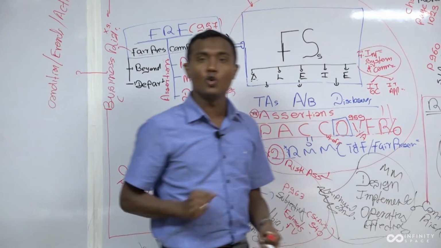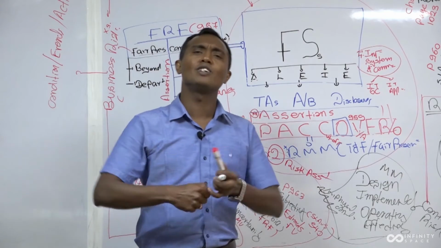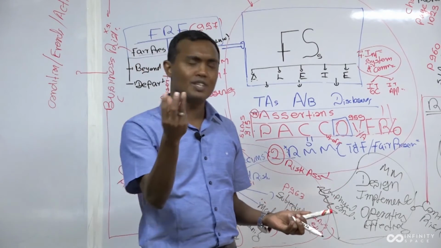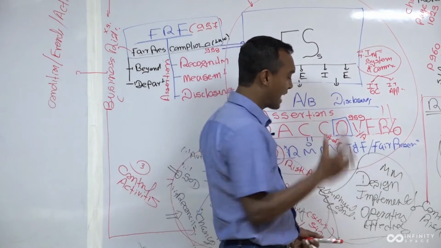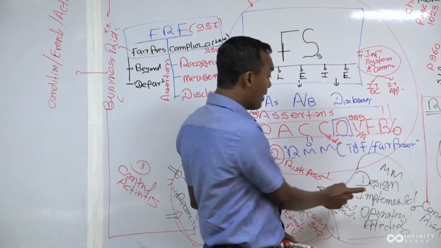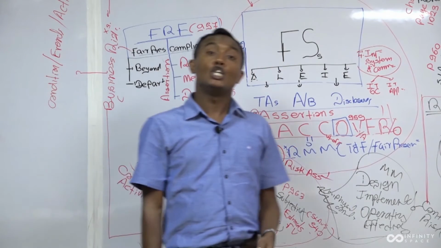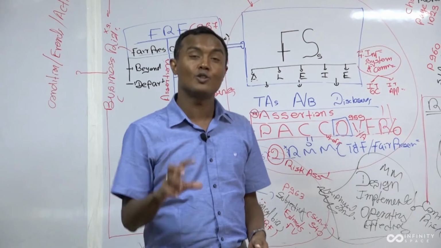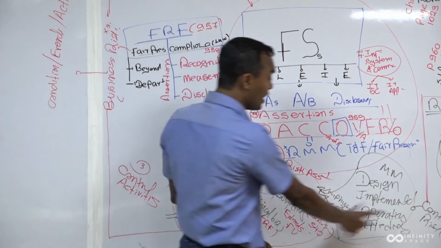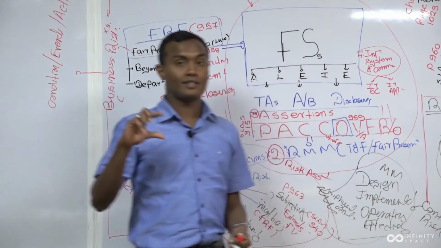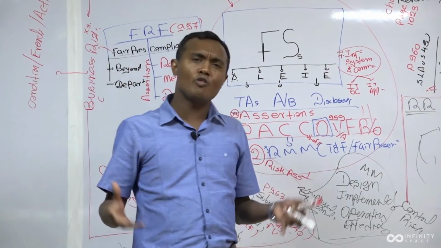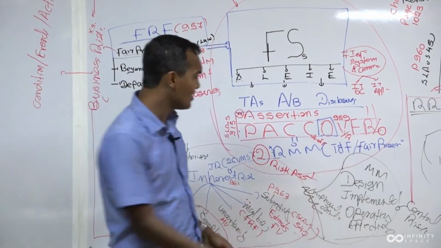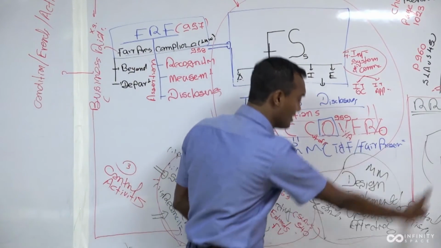Design means you lock the door, but the lock is very simple, anybody can break it. By design, the control cannot handle the risk. Implementation means you have a lock, but the door is not locked, so the control is not implemented. Operating effectiveness means there is a good lock, but if you randomly go and check, some days the door is open, so it is not continuously working.